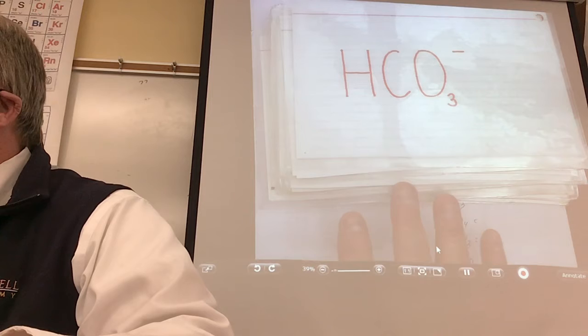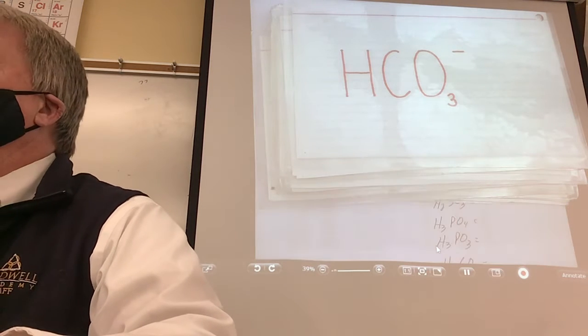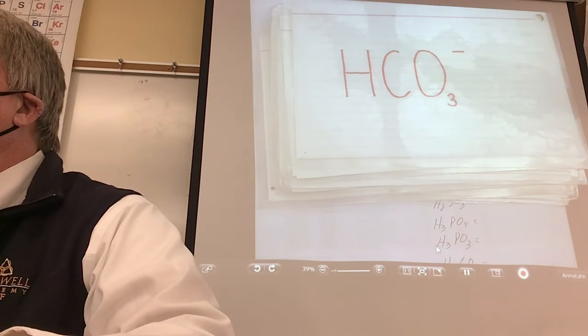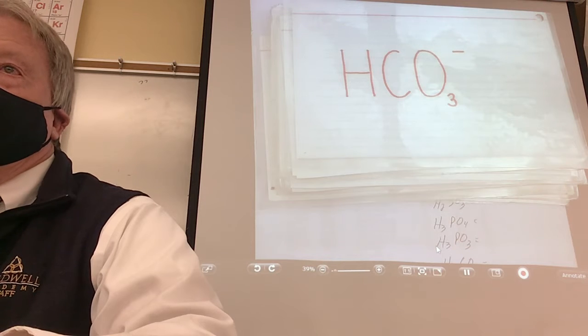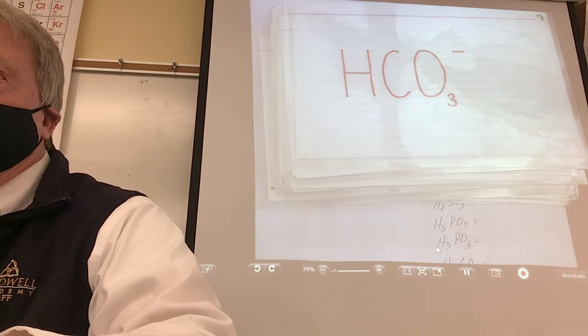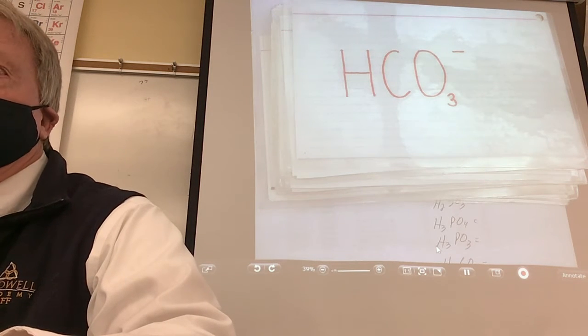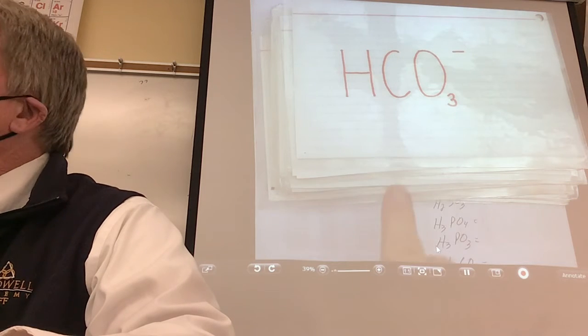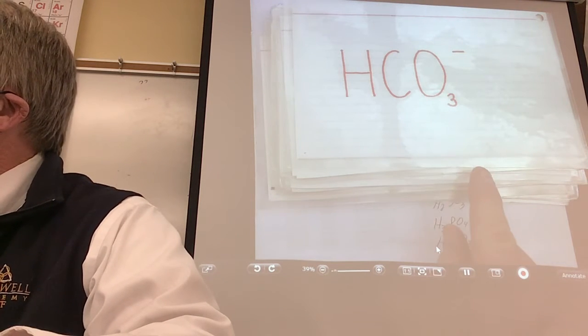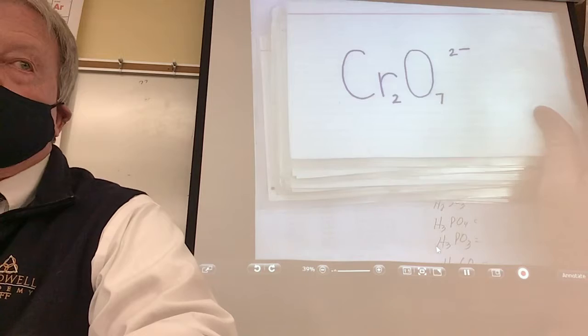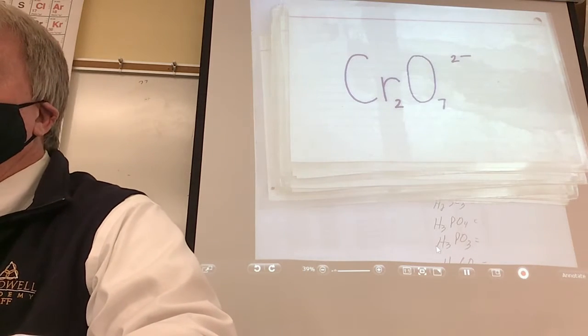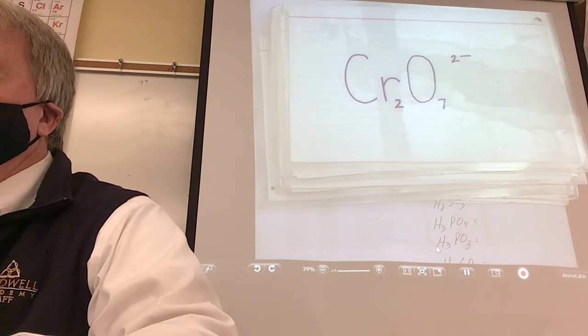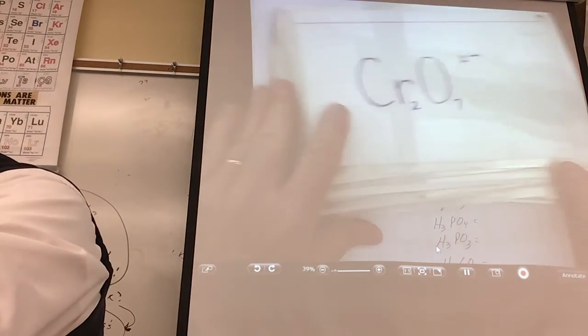You don't have to remember this for a test, but another name for this is bicarbonate. If you go home and find a box of baking soda, it'll say contains sodium bicarbonate. Well, that's sodium hydrogen carbonate. And this one has 2 chromiums in it. Dichromate.